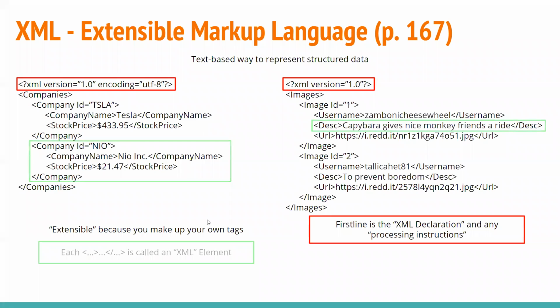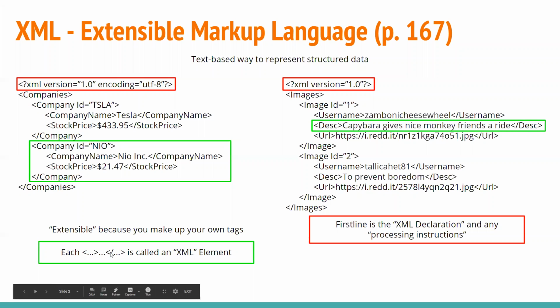So the other important name to remember, and then we can get into actually using some XML, is that any sort of tag, from the start tag to the end tag, it doesn't matter if it spans multiple lines, because the fact that it's on a new line is irrelevant.